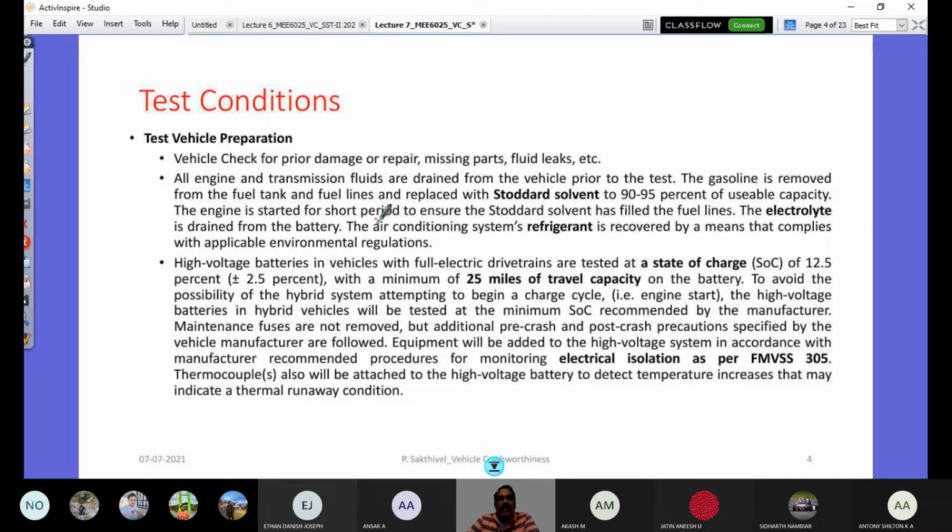The engine is started for a short period to ensure that the solvent fills the fuel lines. And the electrolyte is drained from the battery and the air conditioning system. This is all what we saw in the frontal test, and the same applies to the side test vehicle preparation.